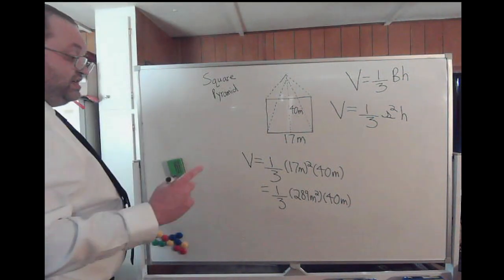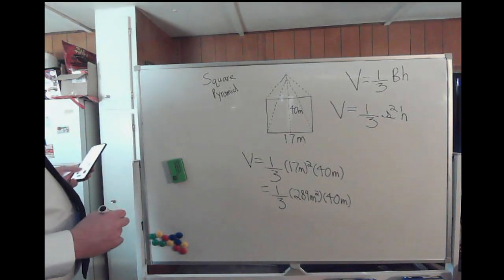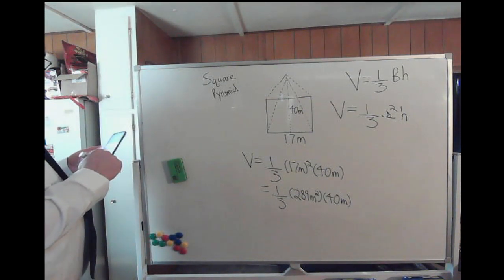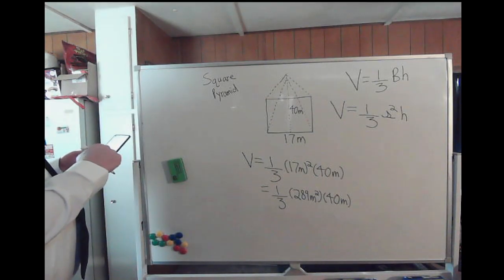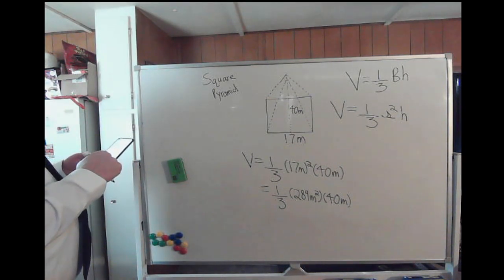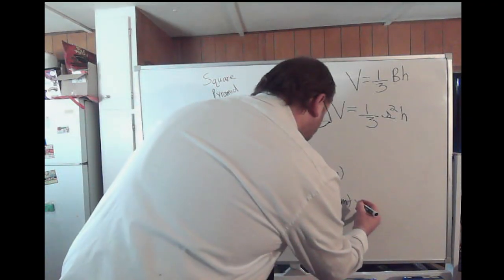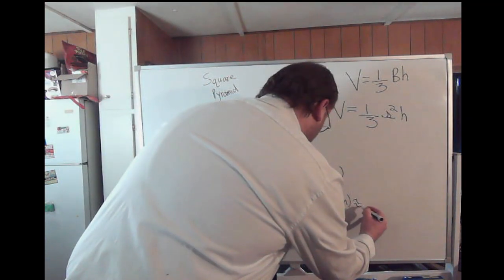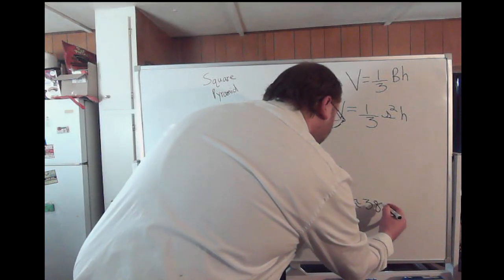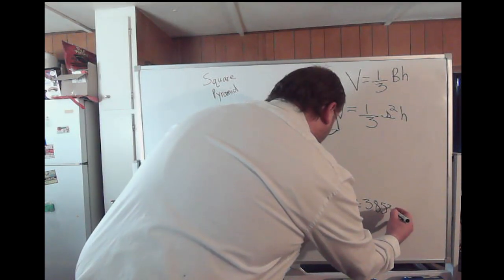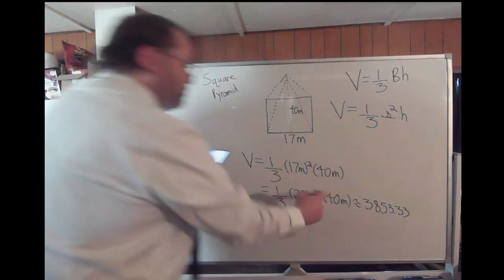Now we just have a simple multiplication problem, and you'll find the volume of your square pyramid. So we'll have 1/3, all that times 289 times 40, which is going to be approximately equal to 3,853.33 meters squared times meters.